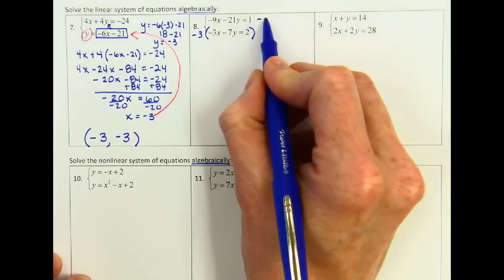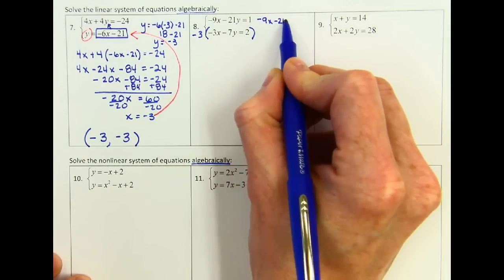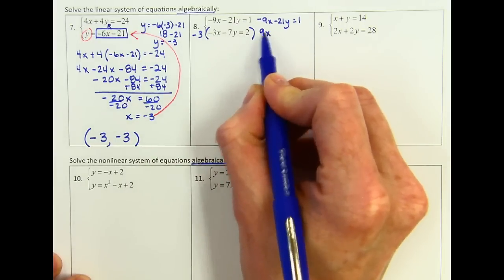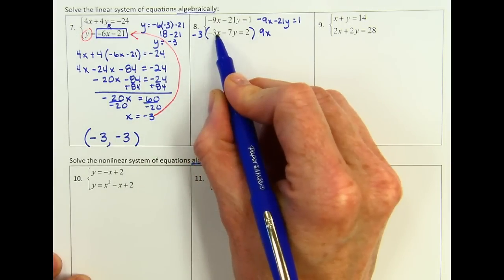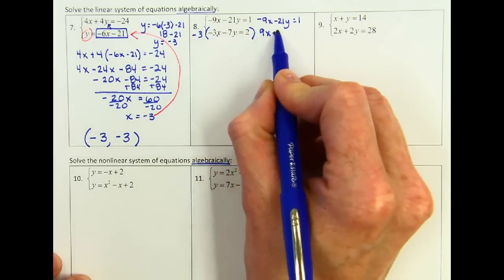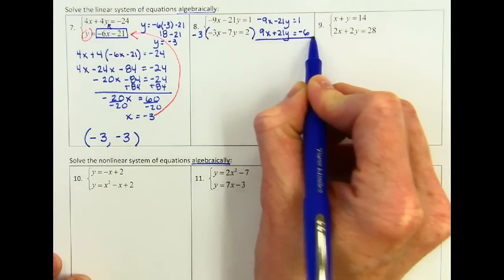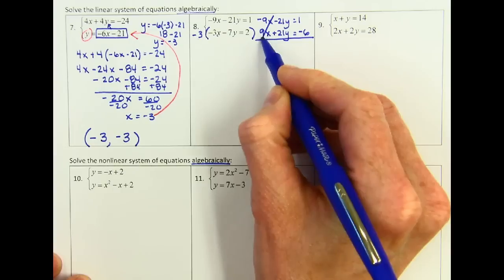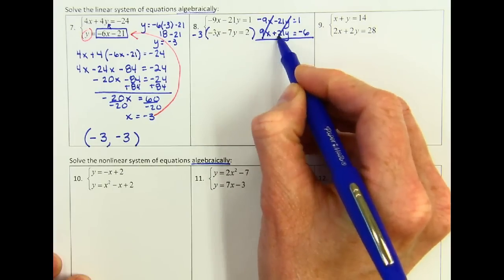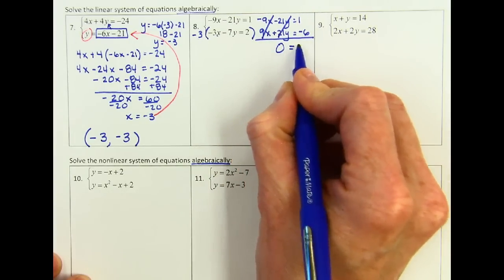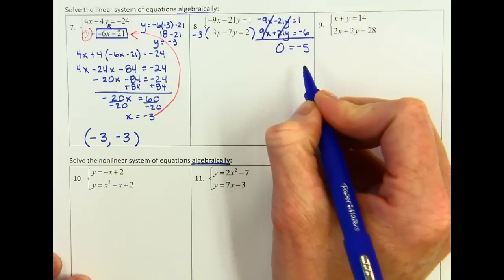Now I leave the top equation alone, and I distribute the negative 3 to the bottom equation. I will get a positive 9x, I will get a positive 21y, and I will get a negative 6. I now combine them and elimination occurs. But on this problem, everything has eliminated on the left side, and I have a negative 5 left here.